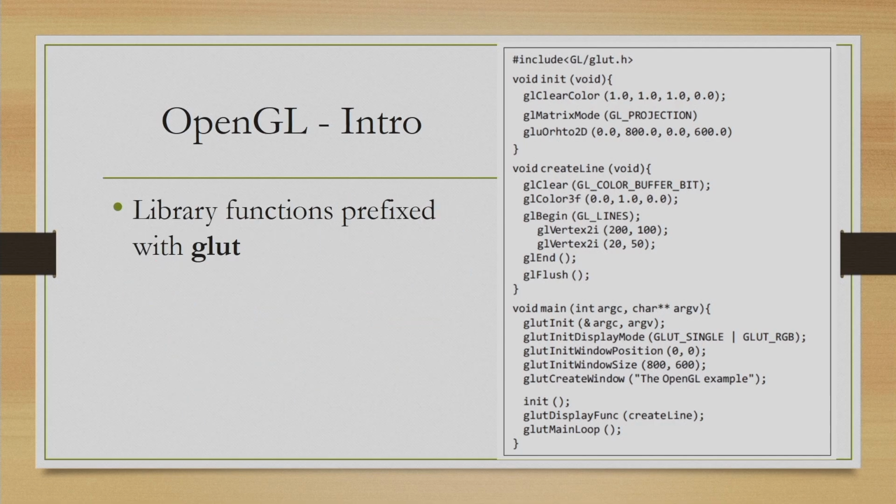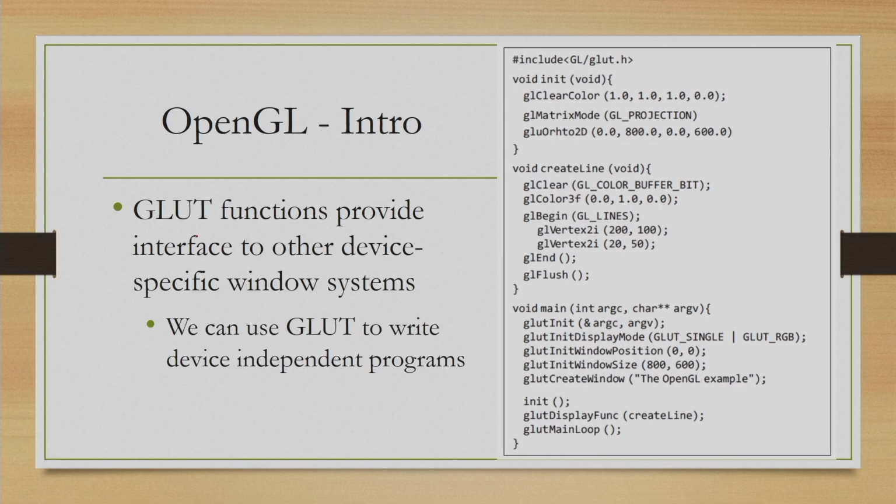Now, whichever library functions we use that are part of GLUT, they come with the prefix glut. So, essentially these functions provide an interface to other device specific window systems that we have already mentioned. So, we can write device independent programs using these GLUT functions, and the functions themselves are used to link our program to the particular device.